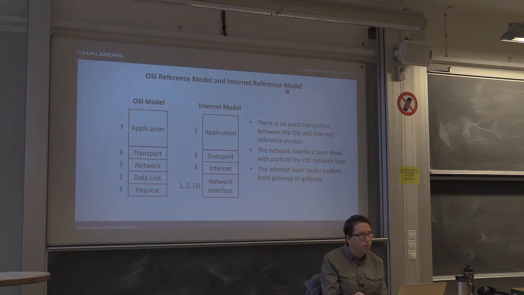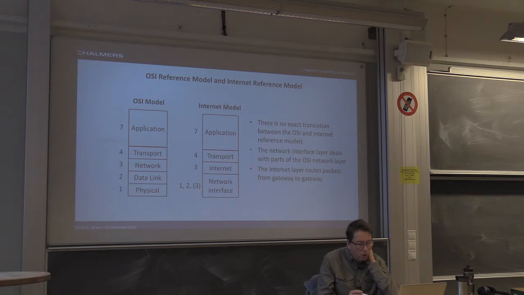This model is a little bit more loose, it's not so clean, right? But it's also used. So we need to know both the clean model and the messy model. This one because it's easier to understand what the protocol really should be like, and the internet model to understand how things are actually done in practice.